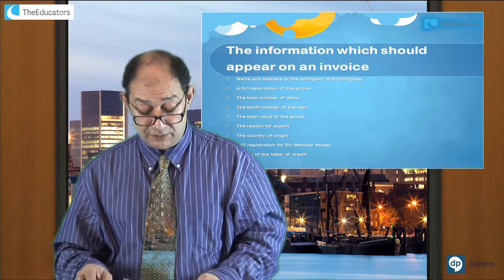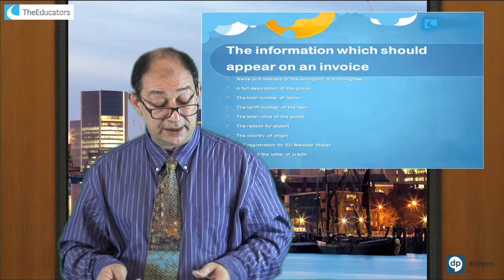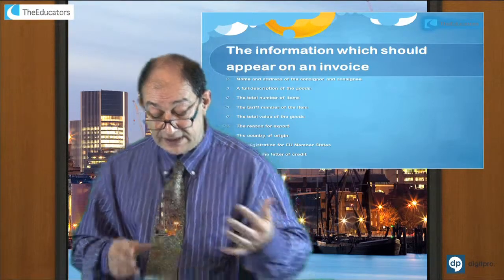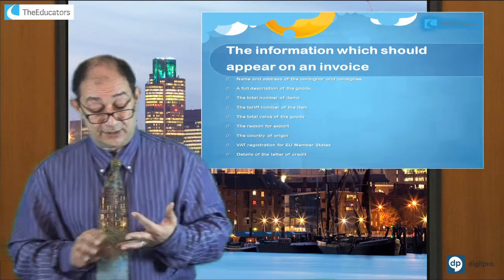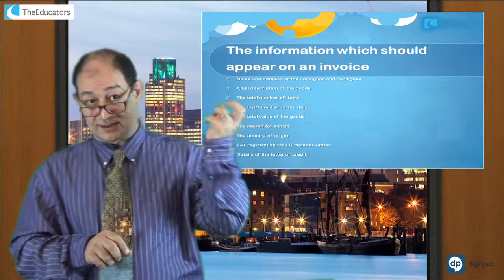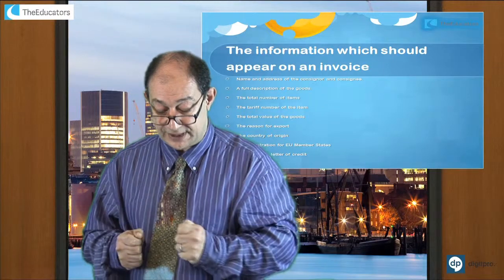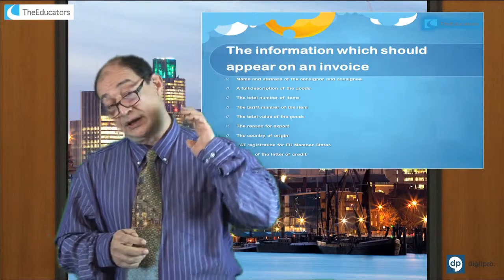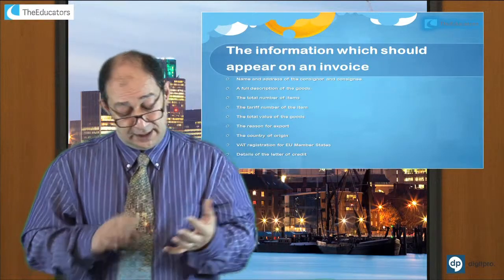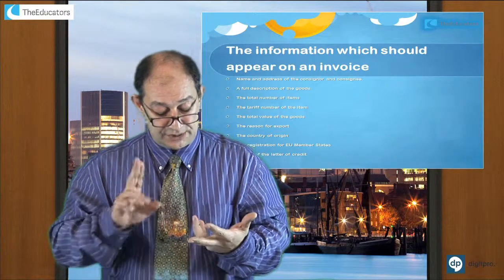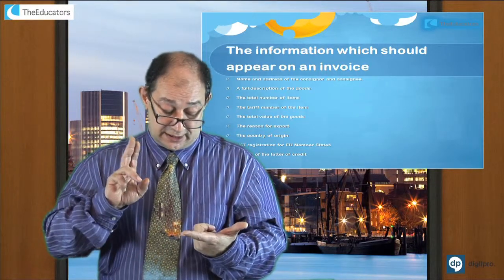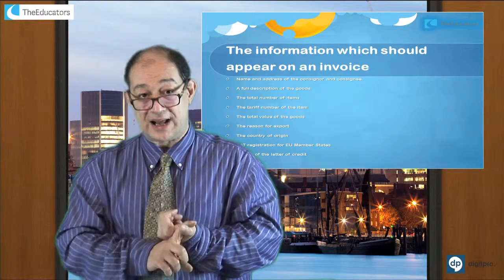Now, what are the things going to be on the invoice itself? Obviously, the name of the buyer and the name of the seller, which is the consignor and consignee. So that is the most important thing that has to be there. Make sure all contact details are there: the address, phone numbers, mobile numbers, fax numbers, email addresses.